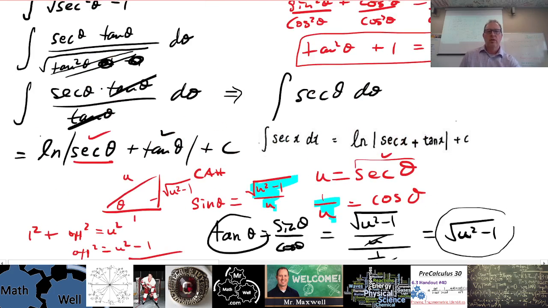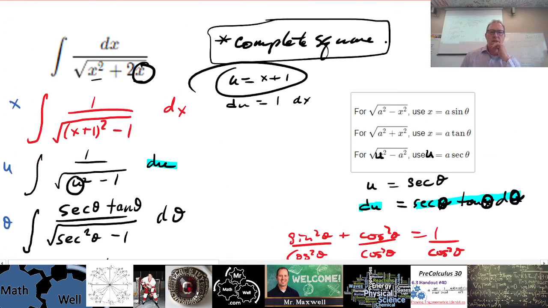Okay, so let me go back to the very beginning of this question. This is a bit nasty, but we completed the square, and we got it into this format, which looks very similar to this one right here, like x squared minus constant. And so here we've got something squared minus a constant. So we did a little u substitution.